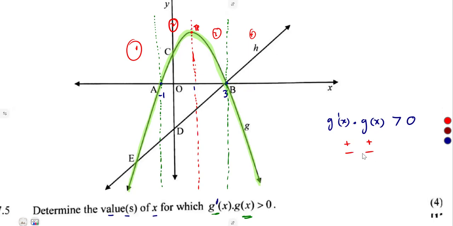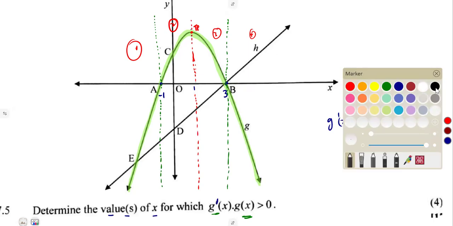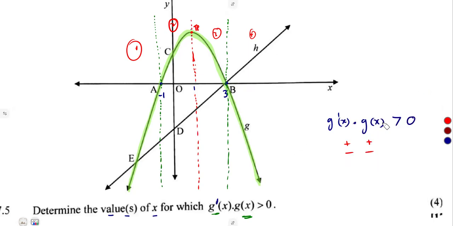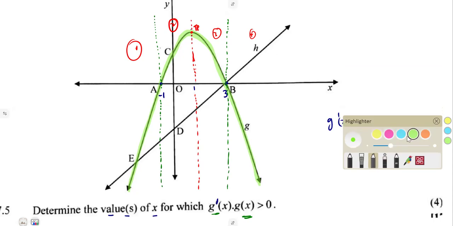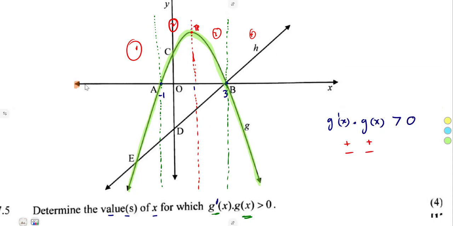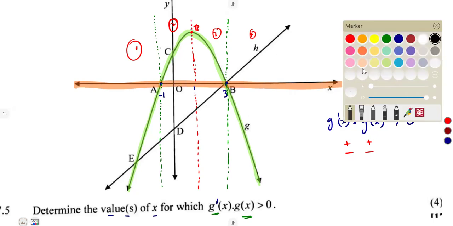Both can be negative. So if we consider our g of x, it can be measured as being positive or negative by looking at the x-axis, as we have got these intercepts. So we look at the x-axis. Where it is above, it is positive.